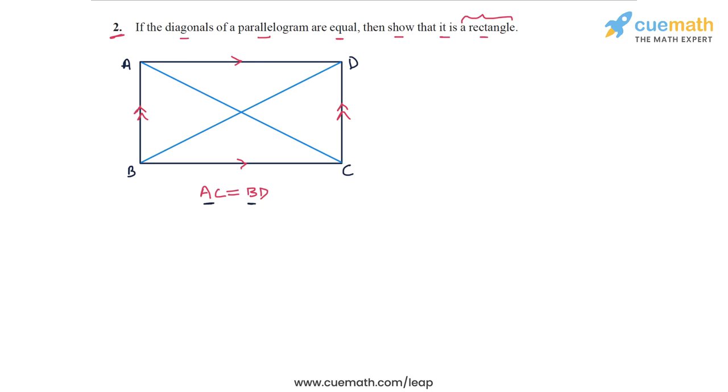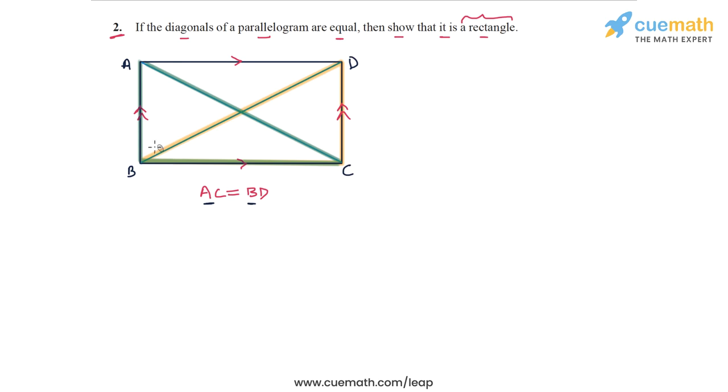Okay, so the idea we're going to use is we are going to compare two triangles. I'm going to highlight them for you. So we are going to compare triangle ABC, this triangle, with triangle DCB, this triangle. And we are going to show that these two triangles are congruent.